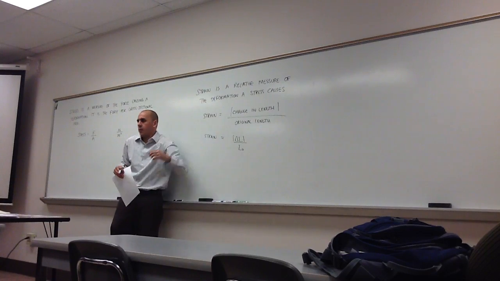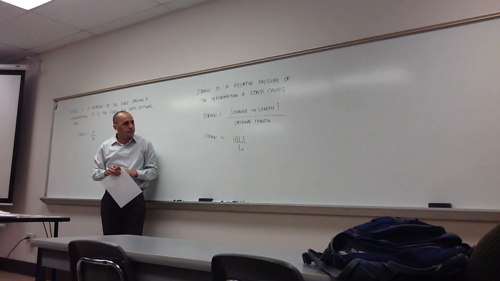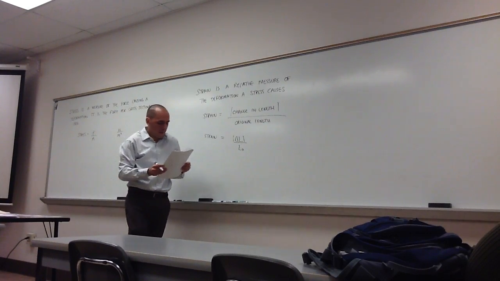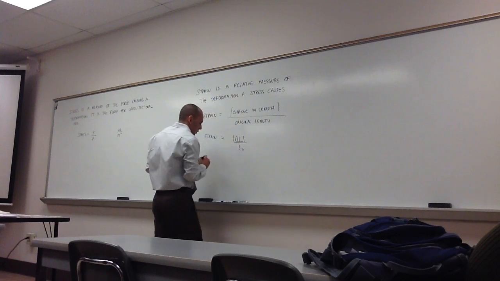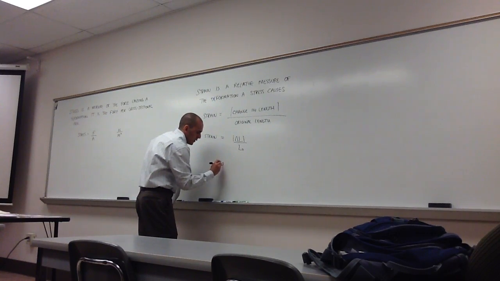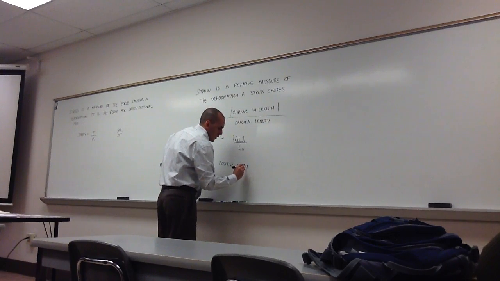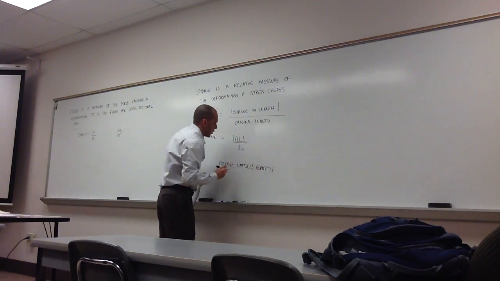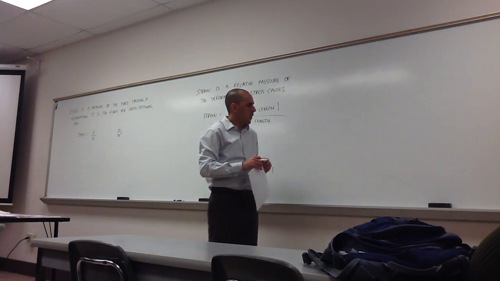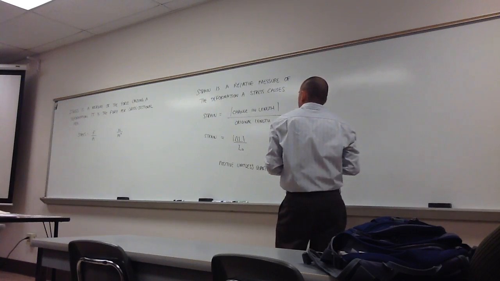The change in length that's happening because of this stress. We're dividing a length by a length here, so let's make a note that this is a positive unitless quantity, because we're doing meters by meters, or length by length, whatever that may be.